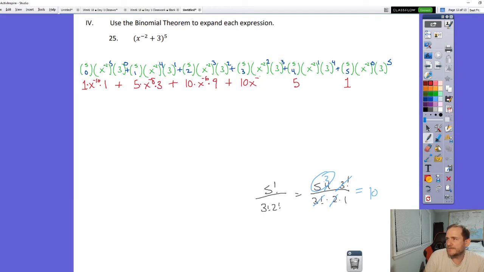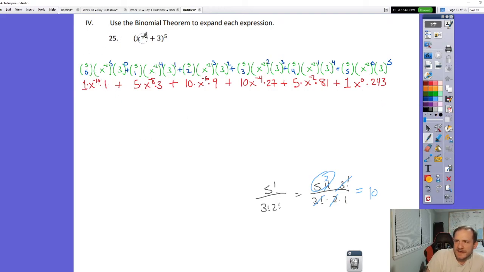X to the negative 4 times a factor of 27. X to the negative 2 times a factor of 81. And x to the 0 times a factor of 81 times 3, which is 243. So there's everything. Clean it up.